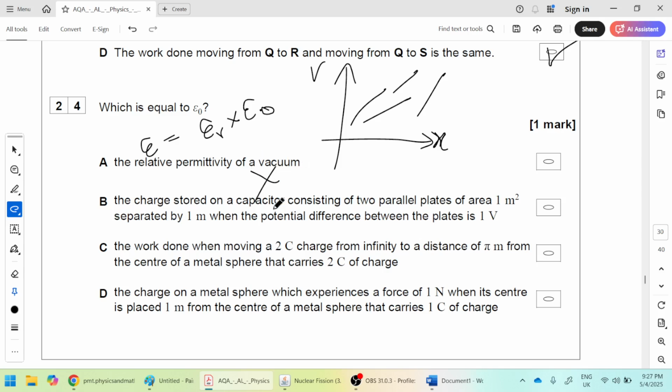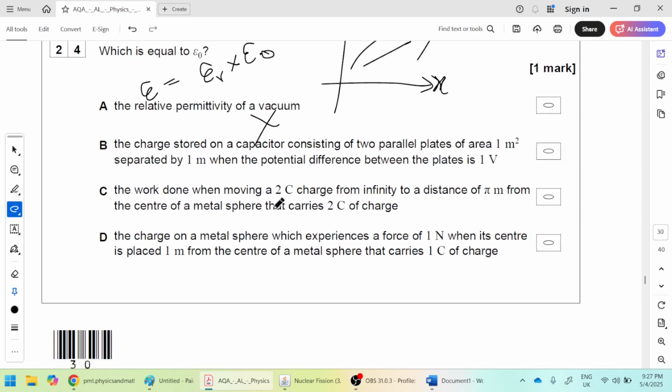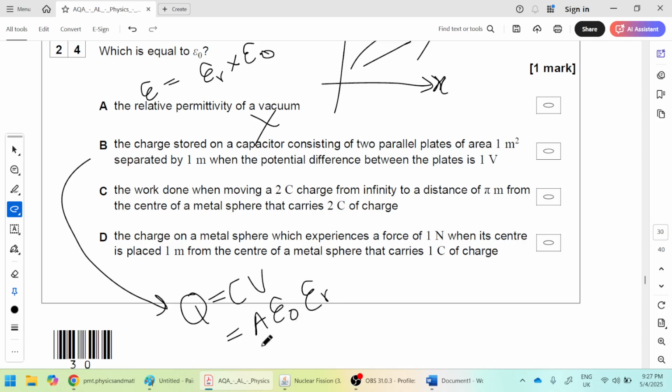The charge stored on a capacitor consisting of two parallel plates of area 1 meter square separated by 1 meter, where the potential difference between the plates is 1V. Let's take a look at that one. Charge Q is equal to CV, that is equal to A epsilon naught epsilon r over the separation, times the voltage.